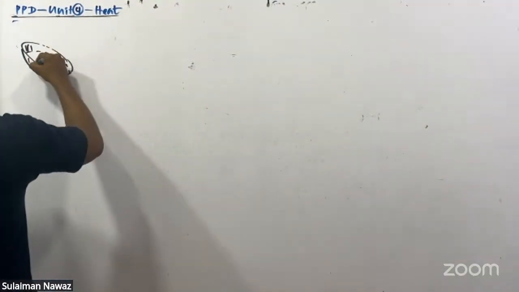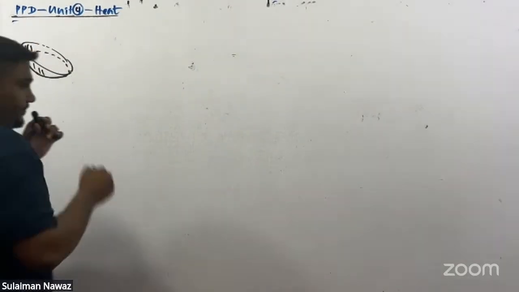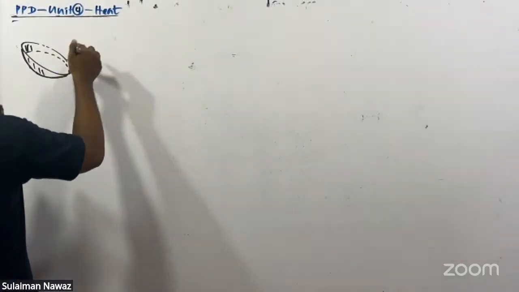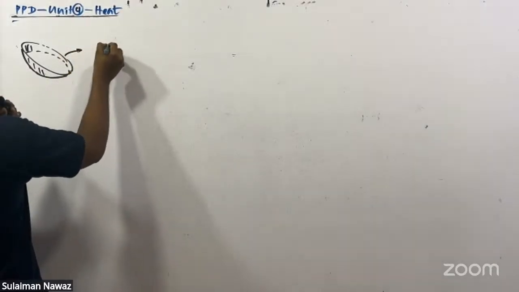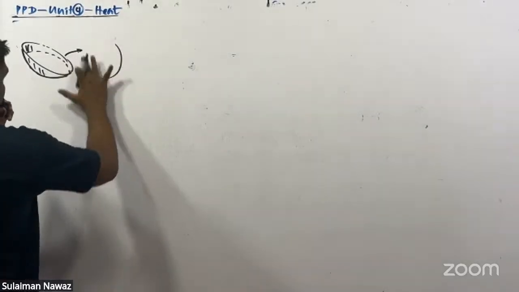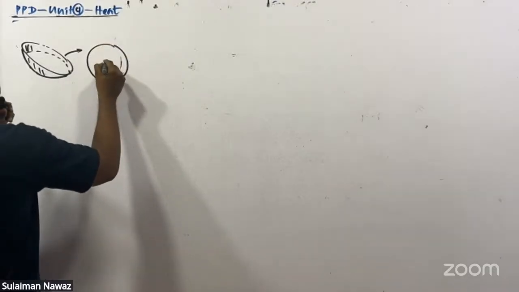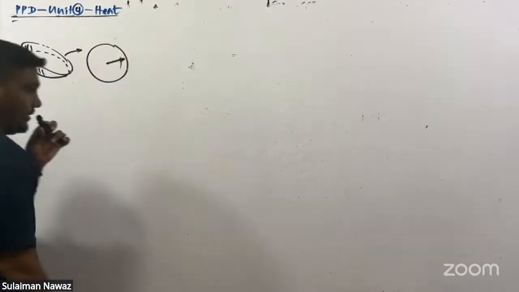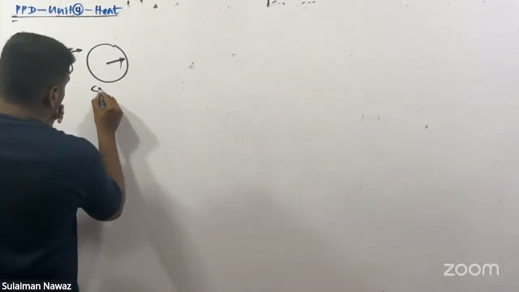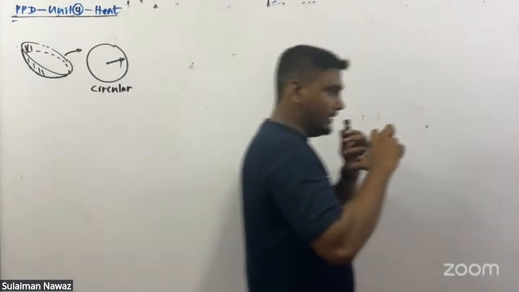So then, when you consider the aperture, just take this perimeter. This perimeter is exactly in a circular shape, right? Circular shape. Look at the figure 2.